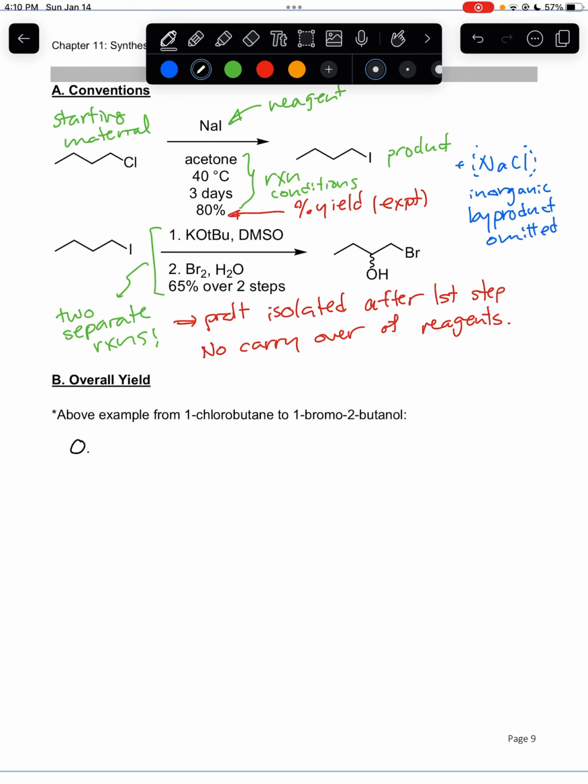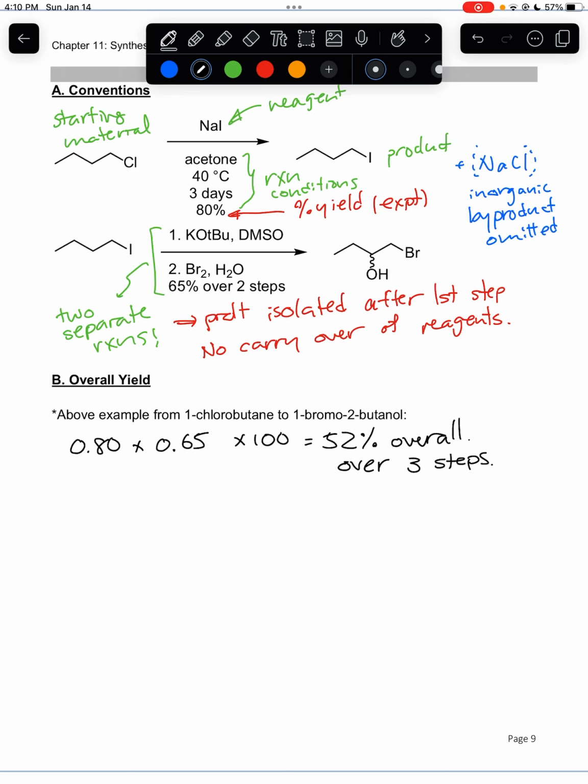Well, the first step was 80%, and then the second step and the third step combined was 65% total. So those multiplied together, this is 52% over the 3 total steps.